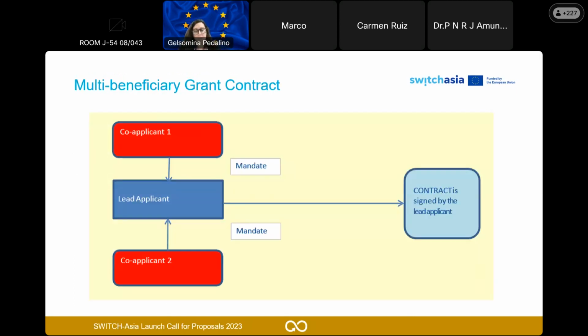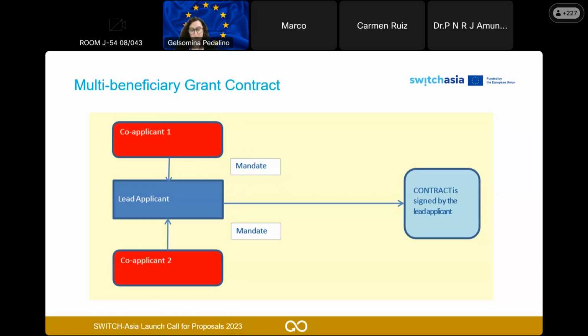On the next slide, we have a graphical chart where we describe the responsibilities of the partnership. Of course, the lead applicant is the coordinator of all the membership. The co-applicants give mandate to the lead applicant to represent them, to implement the project, to sign the grant contract, and to be the sole interlocutor with the contracting authority.